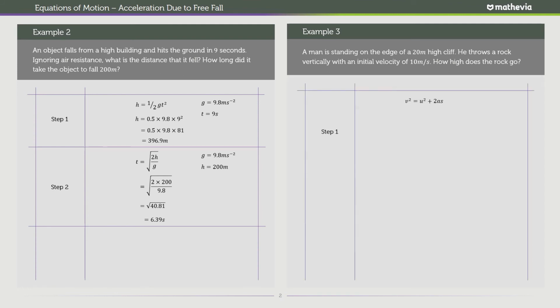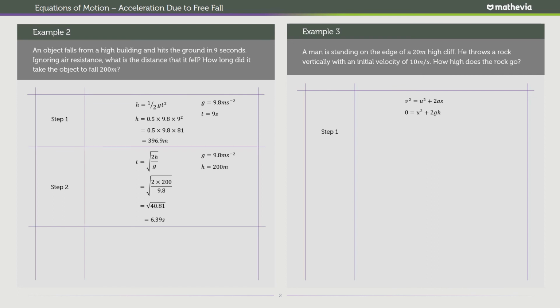Okay, and if you consider this formula, v squared equals u squared plus 2as, in this case, because we're going in reverse, we have 0 equals u squared minus 2gh. The reason we have minus 2gh is that g is negative because it's deceleration.